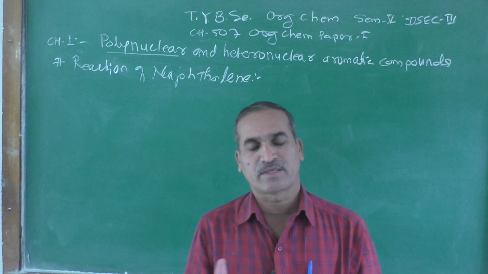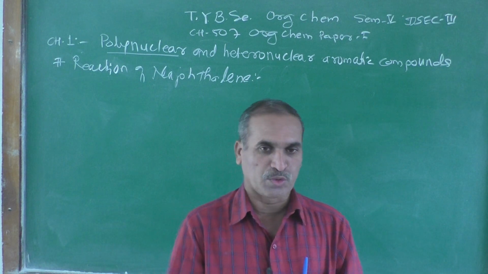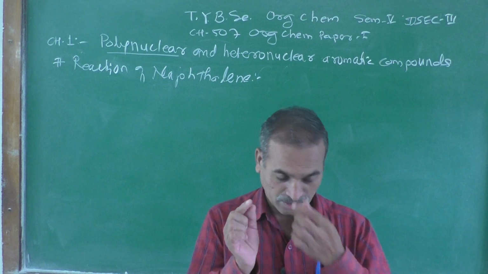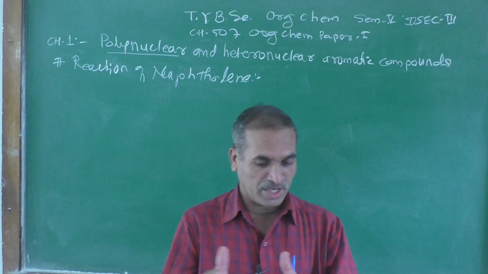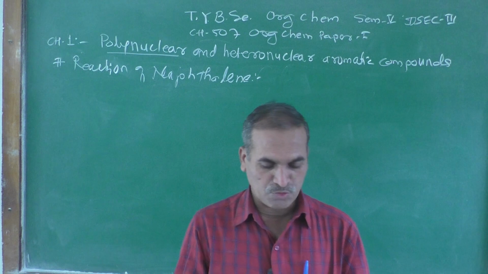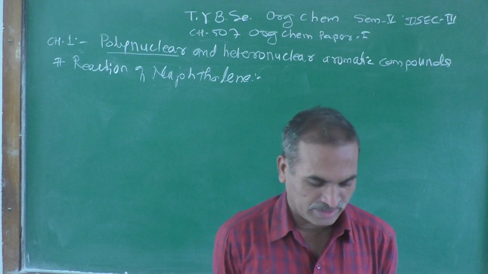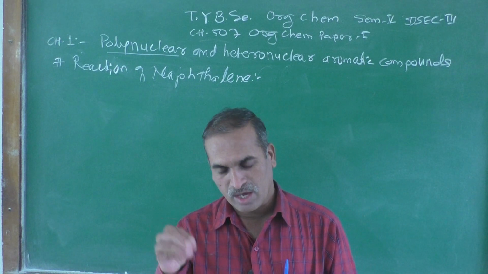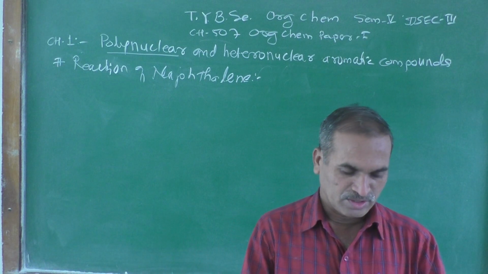Naphthalene is nothing but two benzene rings fused together, sharing two carbon atoms at the fused junction, and such compounds are known as naphthalene. And how to prepare naphthol? Alpha naphthol as well as beta naphthol.